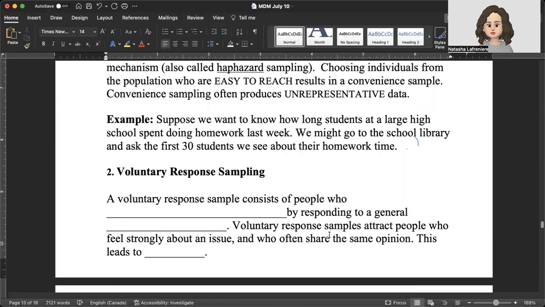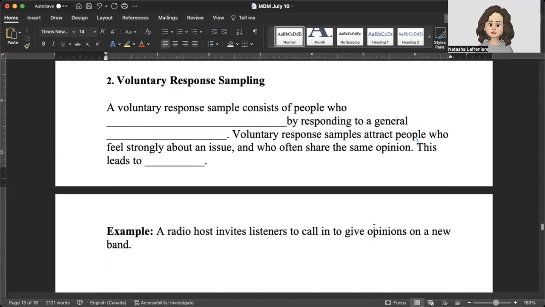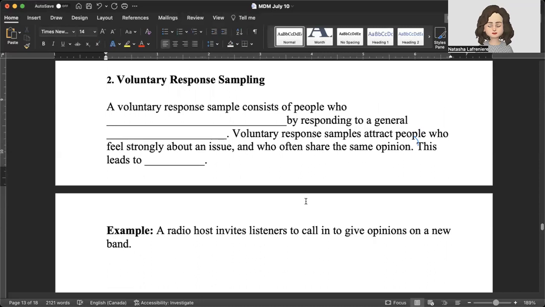So for example, suppose we want to know how long students at a large high school spend doing homework last week. We might go to the school library and ask the first 30 students we see about their homework time. So it's a little unrepresentative because sometimes students will be there catching up on work and aren't very studious.